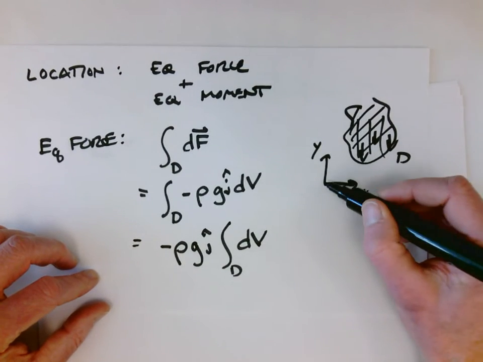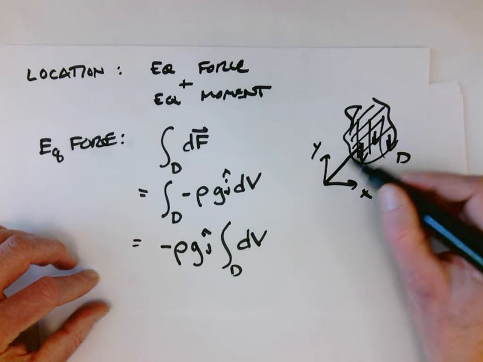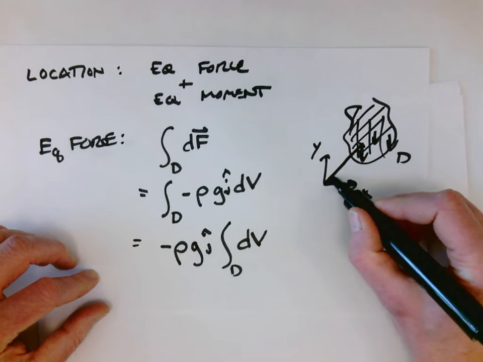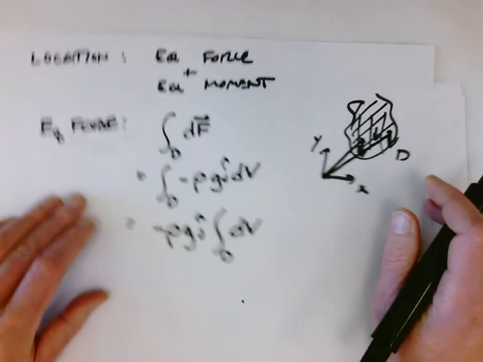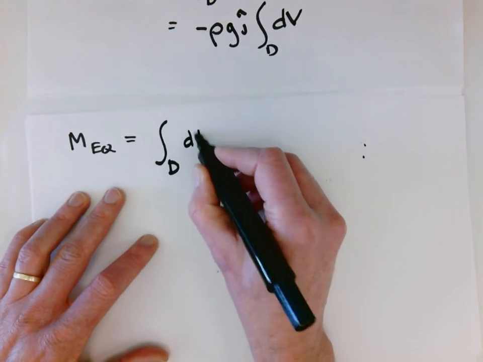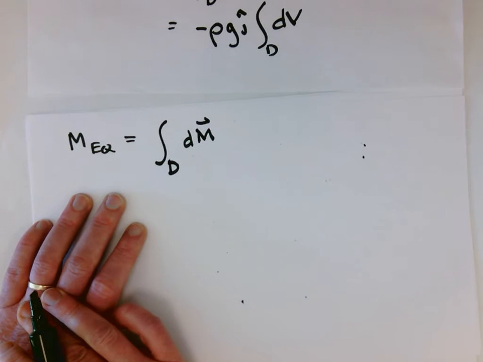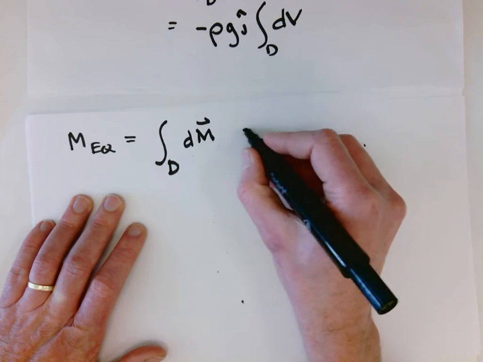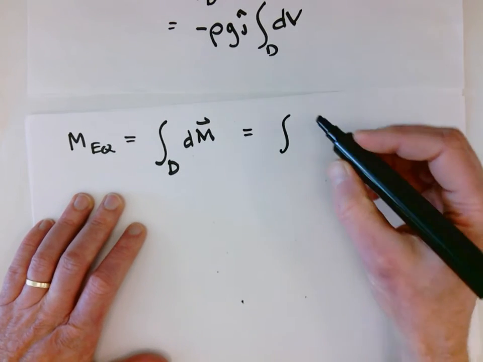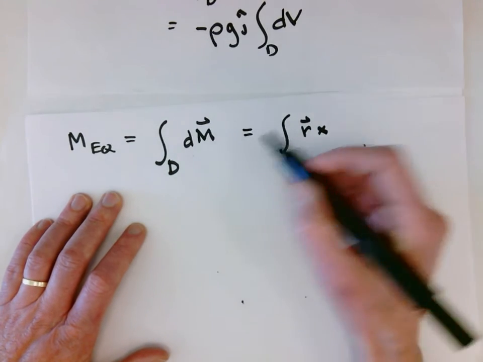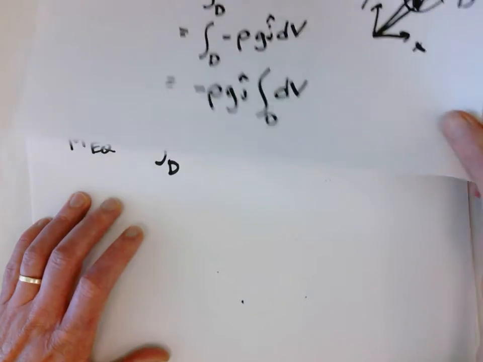So this bit of gravitational force, if this is my origin, is creating a moment of this r crossed with that F. This bit of force is creating a moment of this r crossed with that F. So my equivalent moment I could write as the integral over the domain of dM, which is just the differential bits of moment for each little piece of mass, which I could then write in a little bit more detail as the integral of r cross, and what's my force? My force is the force that we already looked at here. It's r cross dF.